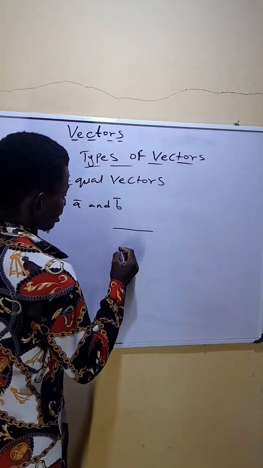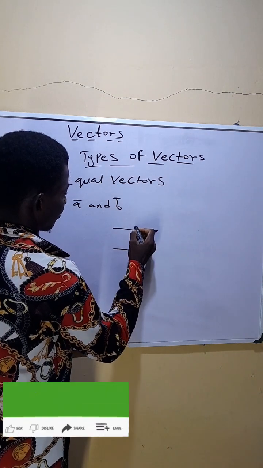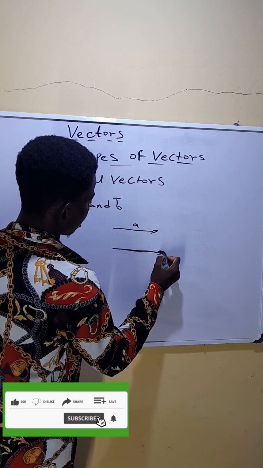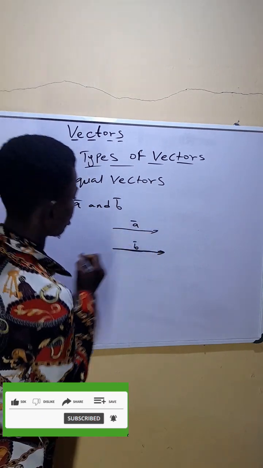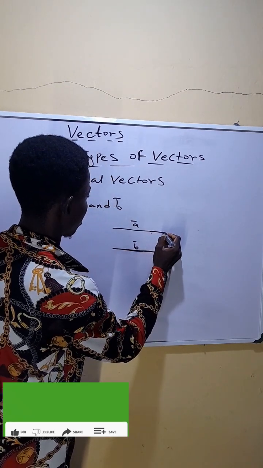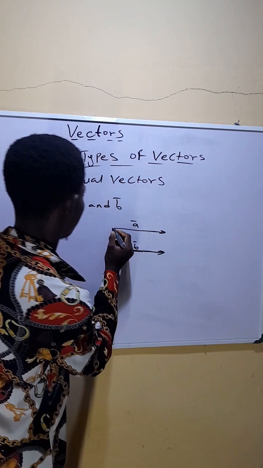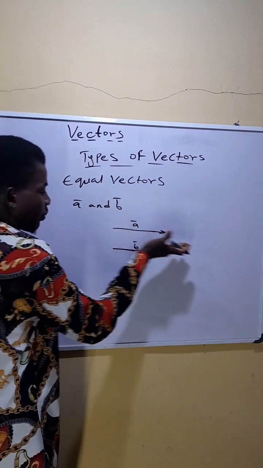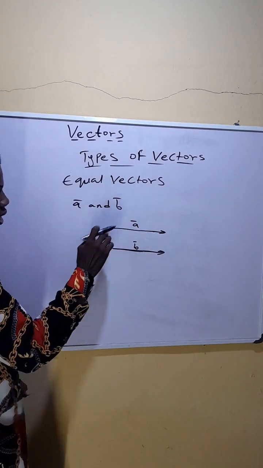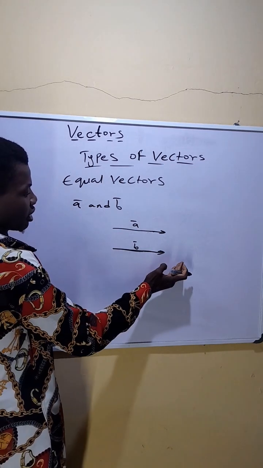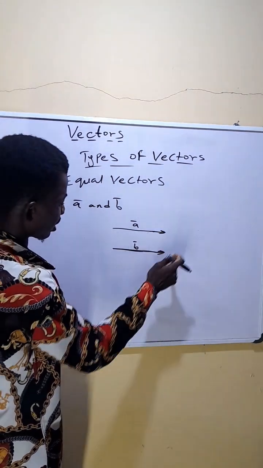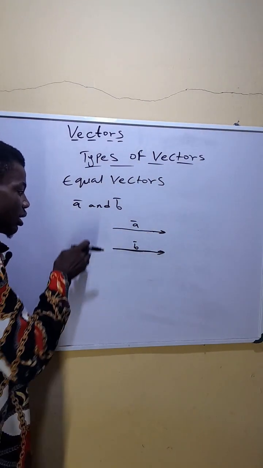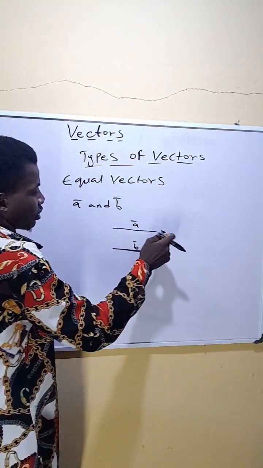Say this is vector A and this is vector B. These two vectors are equal because they are parallel, their magnitudes are equal, that is, the length of this line and the length of this line is equal, and they are moving in the same direction.